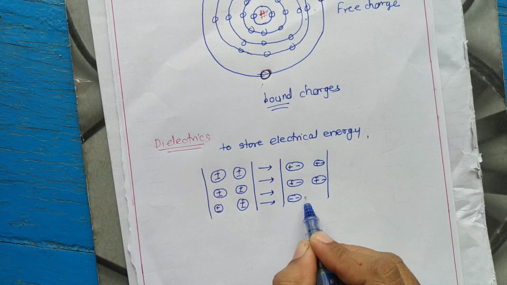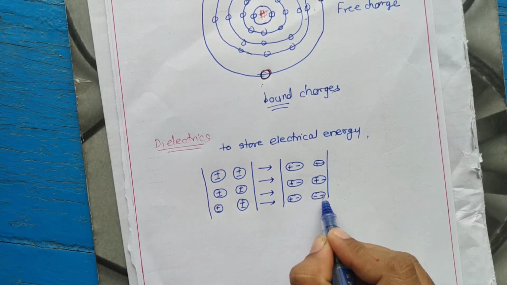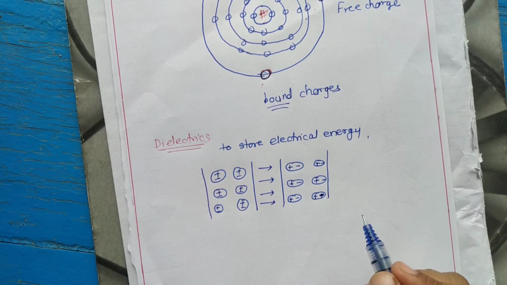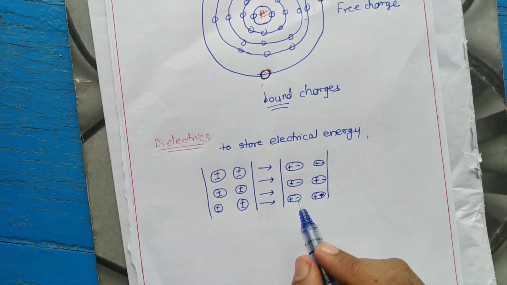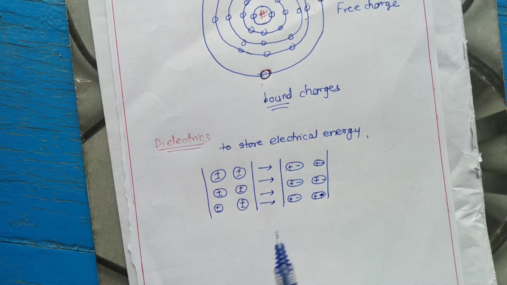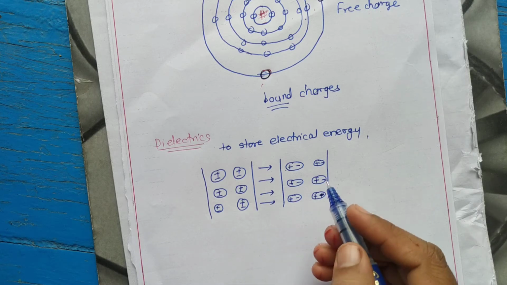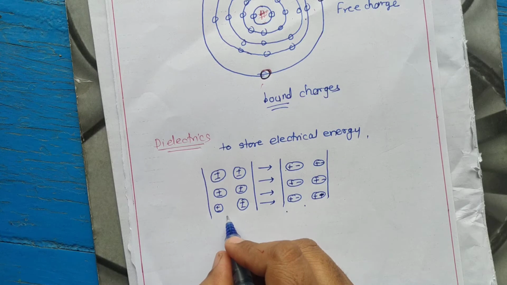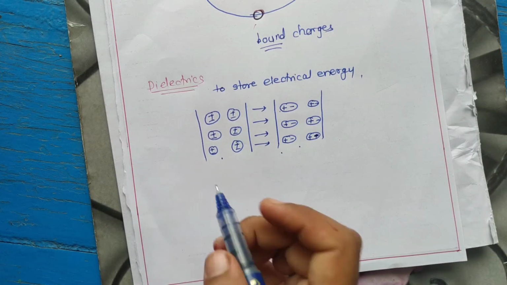Then these molecules develop a net dipole moment, and this is called electric polarization, and such materials are called dielectrics. This shows the presence of the electric field and the absence of the electric field.